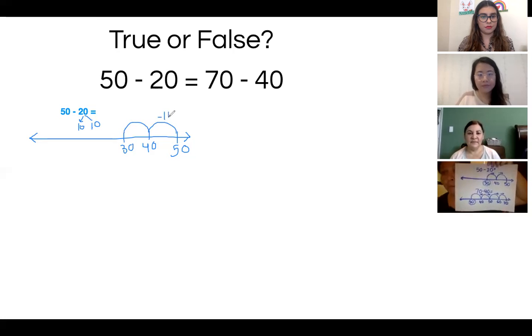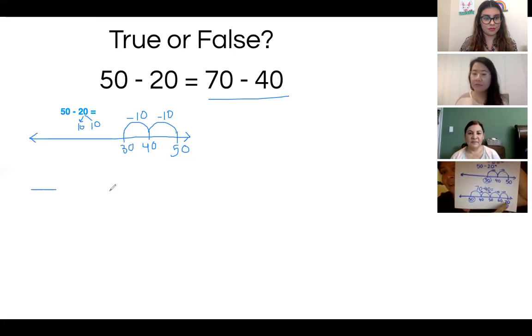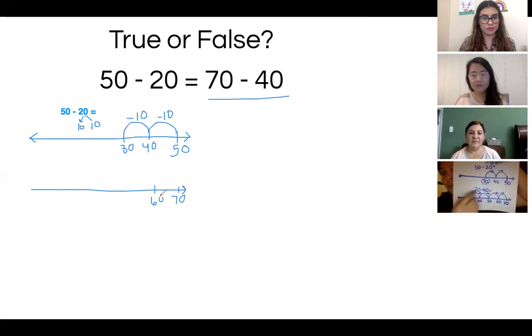But that was just one part. Then I had to find out, well, what was the value of this? What was my outcome here? 70 take away 40. So again, I drew another number line. I started at 70, and then I jumped by tens, four tens right here. And I went 10, 20, 30, 40.